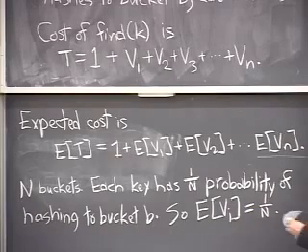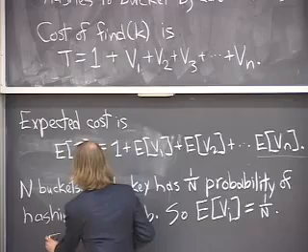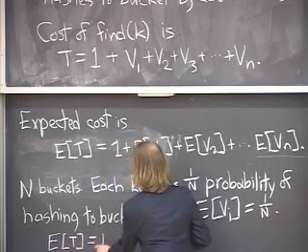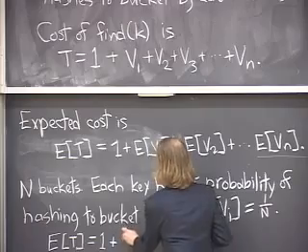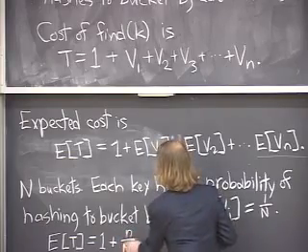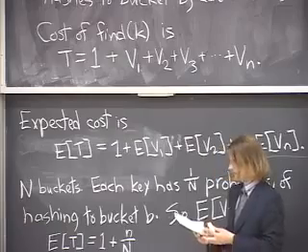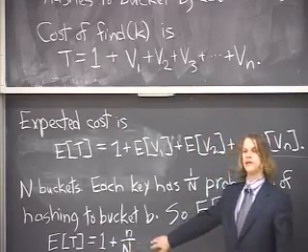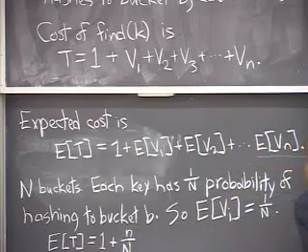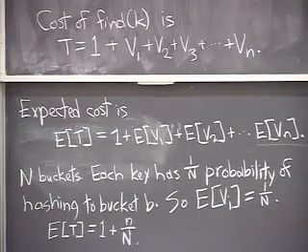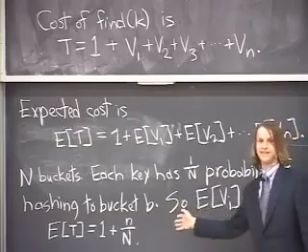So we just add them all up, and we get the expected time is 1 plus little n over big N. And little n over big N, you'll recognize as the load factor. So when I've been talking about the load factor for the last month, I didn't just pull it out of thin air. It actually comes out of a probabilistic analysis.